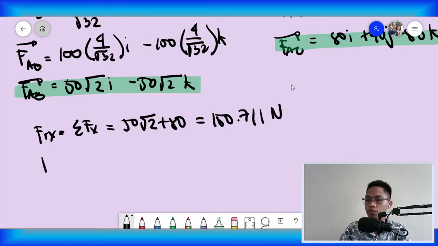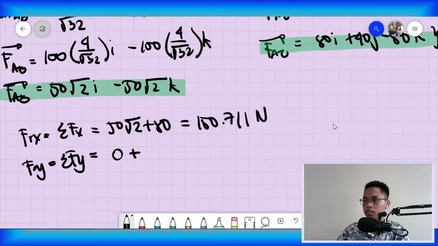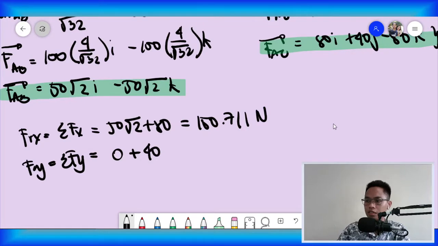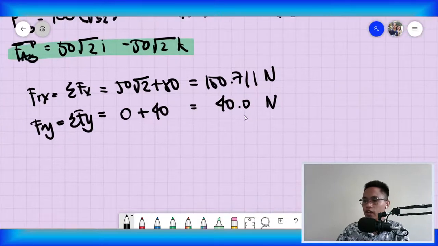Alright? Now, for your FRY, that's the summation of forces along Y, all those with j. So, 0 here, this would be 0 plus 40 from the other, so 40 is equal to 40.0 Newton.